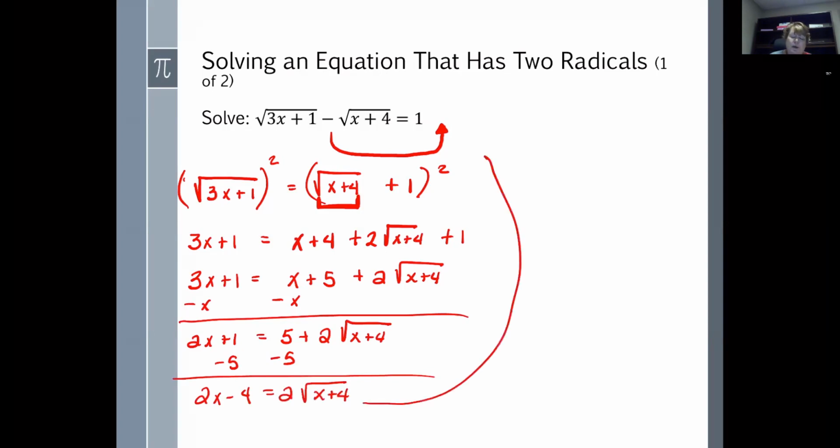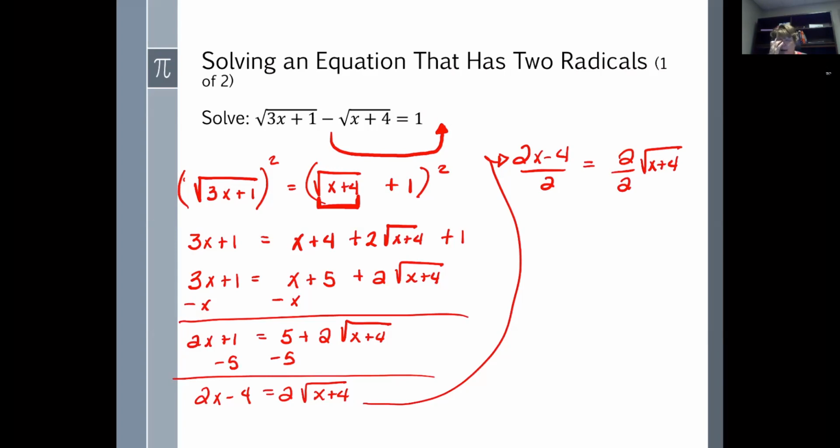Now, this problem is nice because I actually have a 2 that I can divide out on both sides. So if I divide the left-hand side by 2 and I divide the right-hand side by 2, that may make the squaring of this a little bit easier.